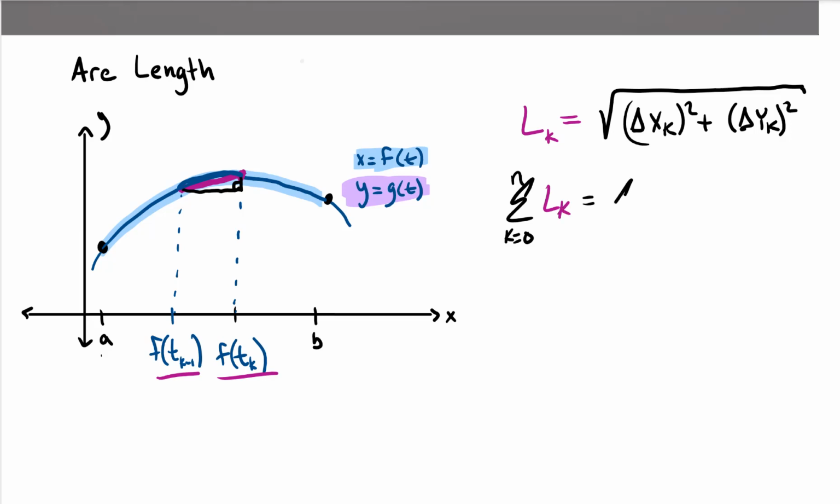Well, that's just equal to our sum, k equals 0, x sub k squared. Now I'm going to jump to this next step. By the mean value theorem, there is some point in between t of k minus 1 and t of k, such that the derivative is equal to the slope.